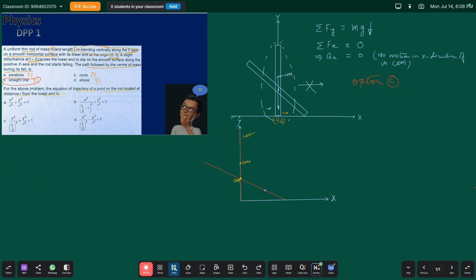And this is the point we are taking. This distance is r as per the question. And let us say that this angle is theta.